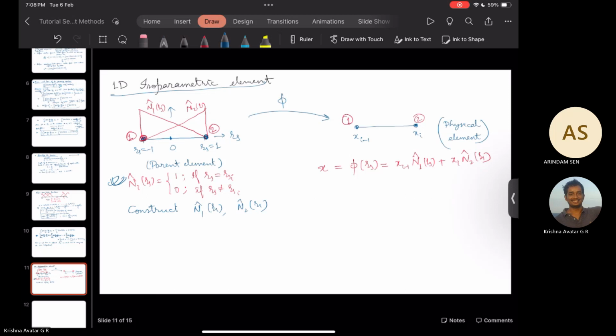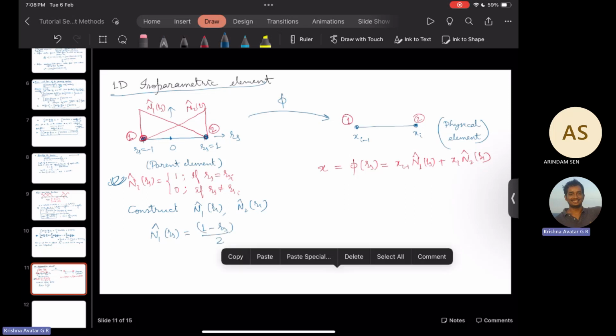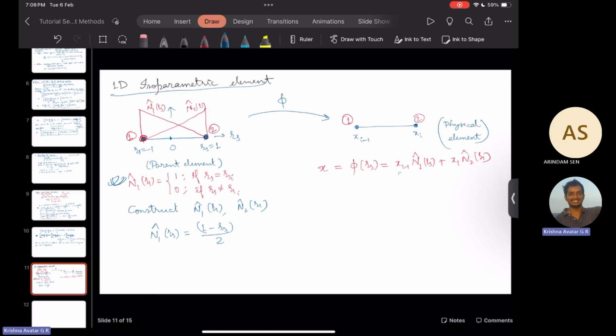What we'll do is n1 hat of z will be 1 minus z by 2. We can easily arrive at this from this equation here as well, but just to save time, let me write n1 hat of xi is equal to 1 minus xi by 2.